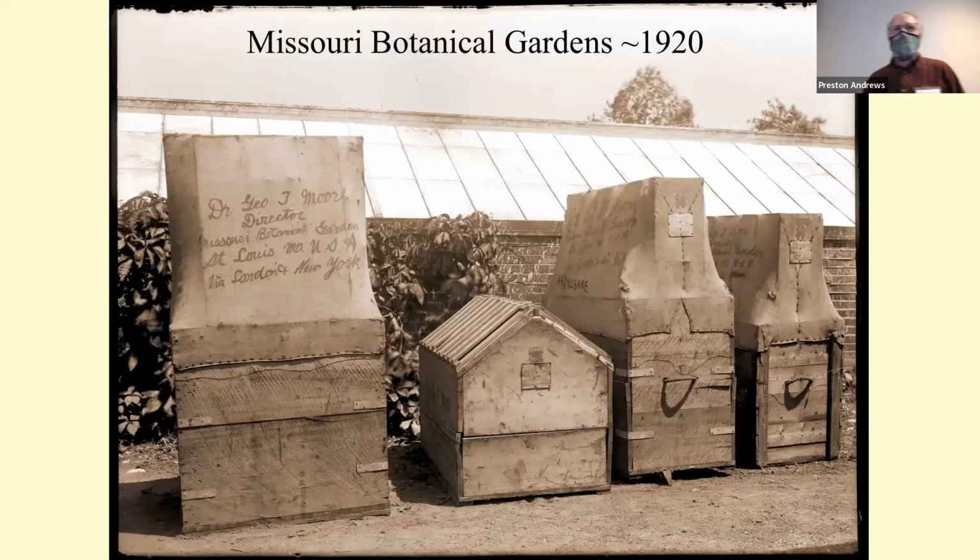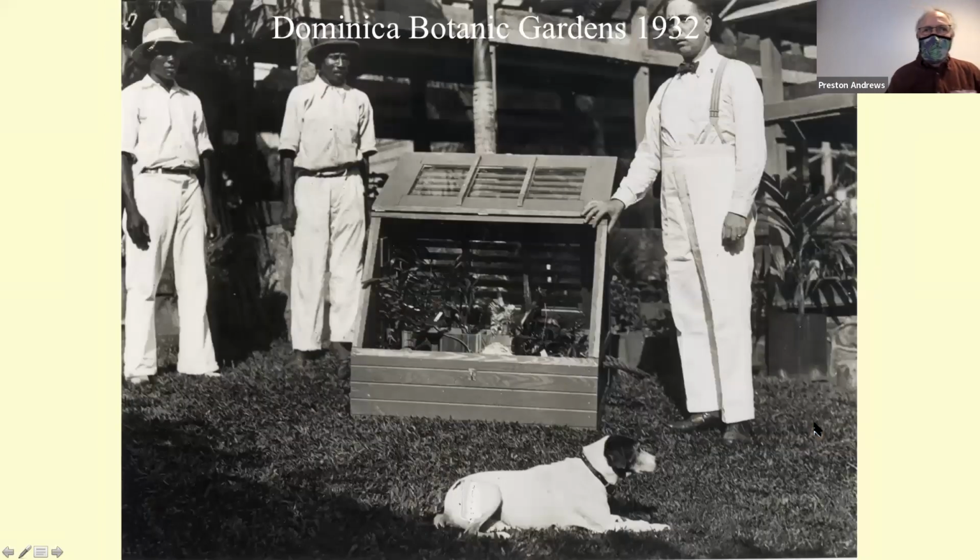They were packing cycads in 1920, and you can see one here that is not under a tarp, but these have tarps on them. I imagine it might have been from cold weather, and they were just protecting them until they got them into the greenhouse. Here is the Dominica Botanic Garden in the Caribbean. It was a US colony at the time, with more Wardian cases.